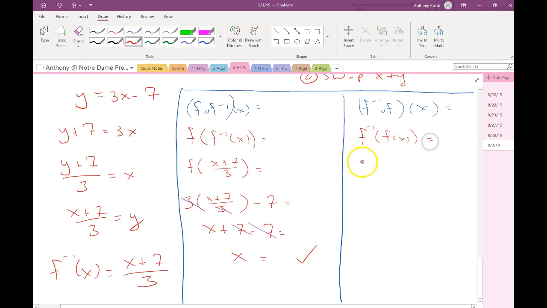Again, I'm going to be following the exact same procedure, but instead of plugging f inverse into f, I'm going to be plugging f into f inverse. But I'm going to go about this in the exact same way.